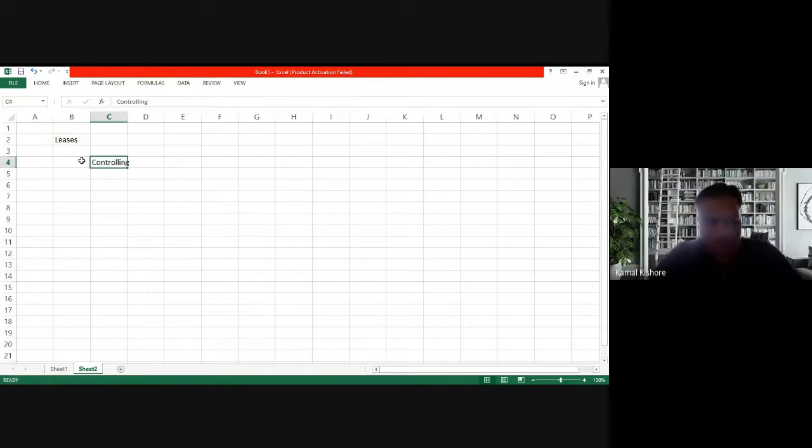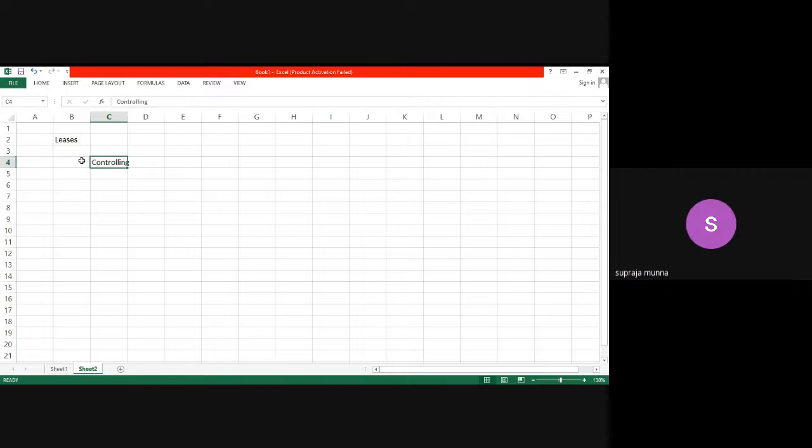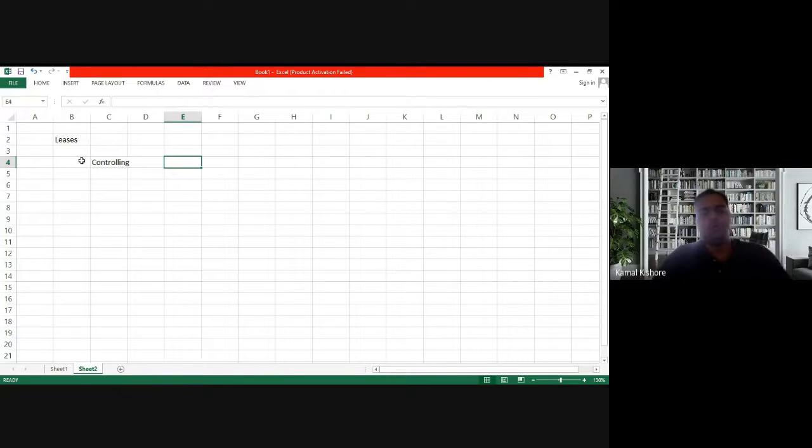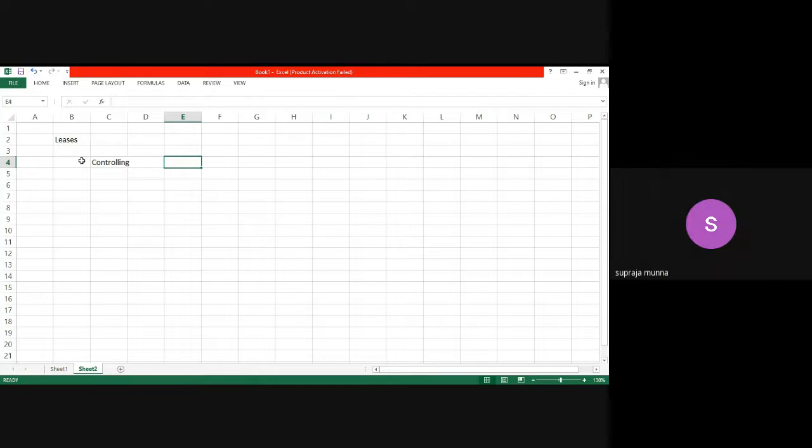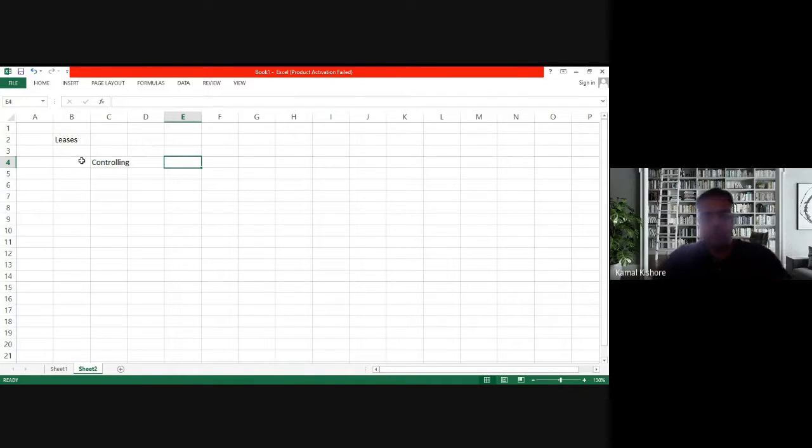Yes. If you are controlling the asset, then you should show it in your balance sheet. That is the objective at a high level. Whether you own it or not is not a criterion. So that is the objective of bringing in IFRS 16.